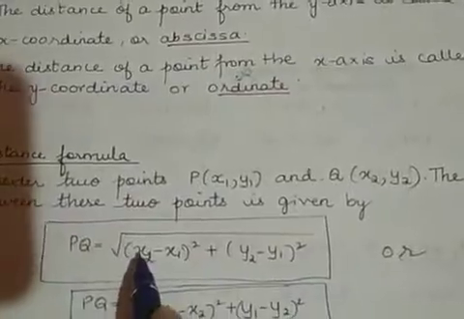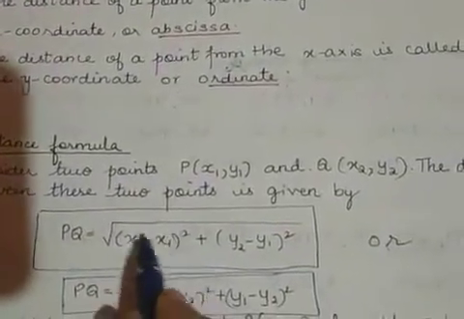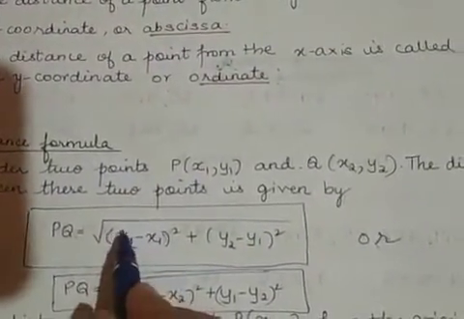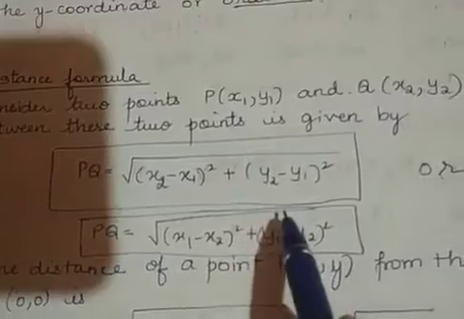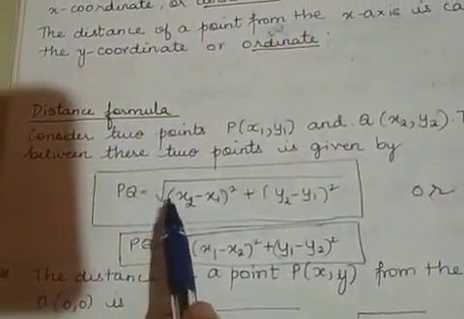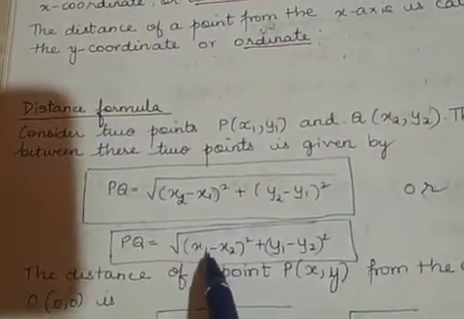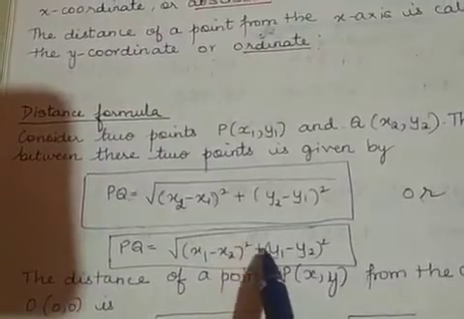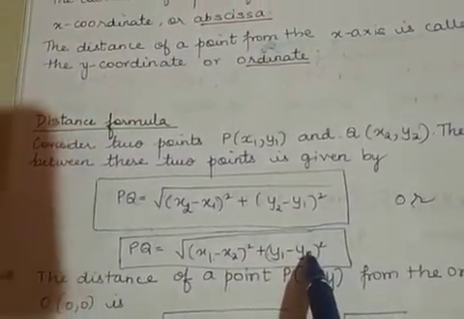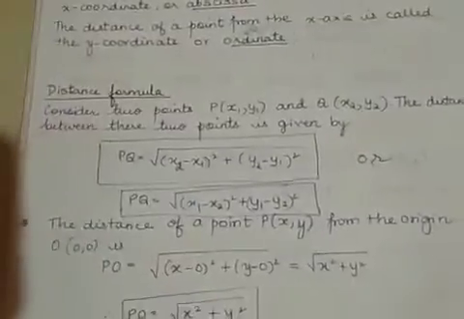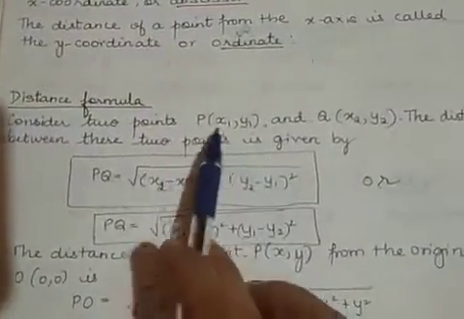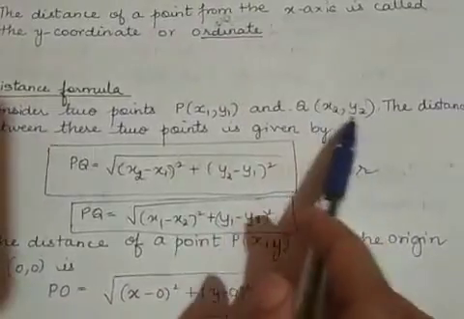Since you are squaring it, this number will always be positive. So whether you write x2 or x1 first will not make a difference, because you are going to ultimately square it. So this can also be written as PQ is equal to square root of (x1 minus x2) the whole square plus (y1 minus y2) the whole square. So both the formulas hold true.